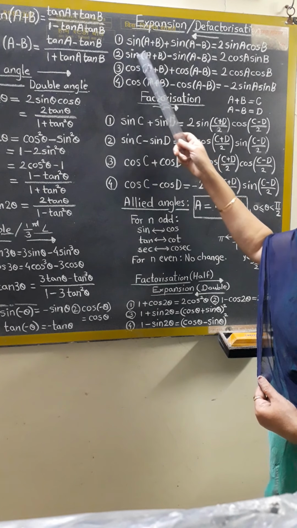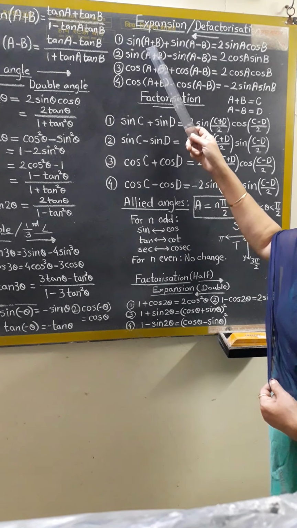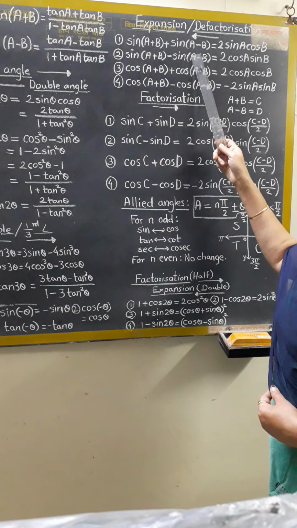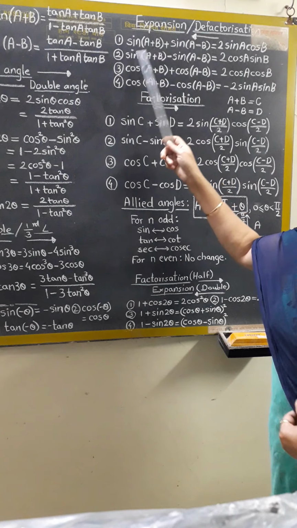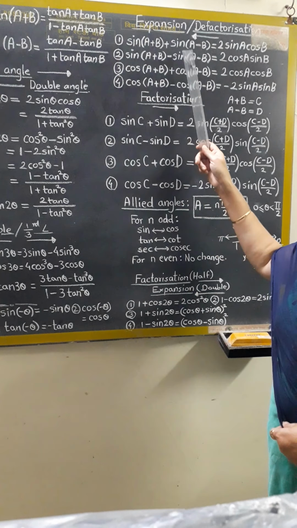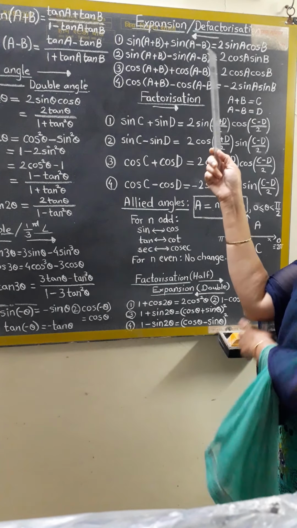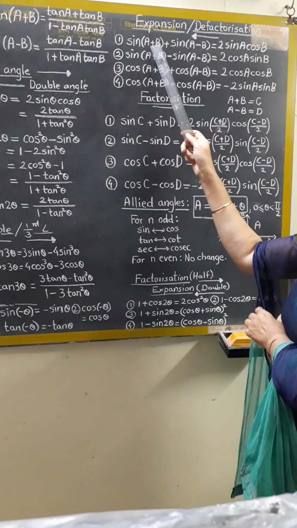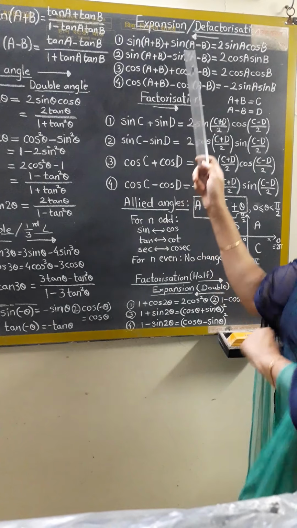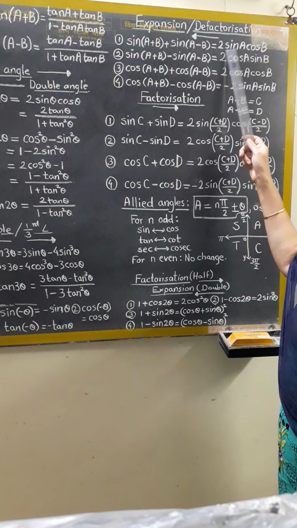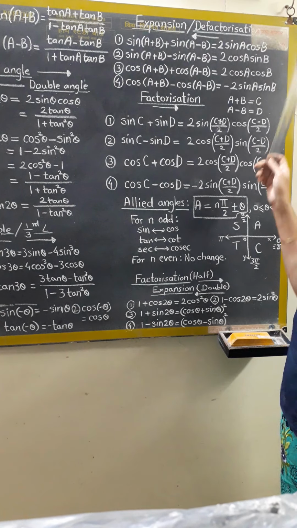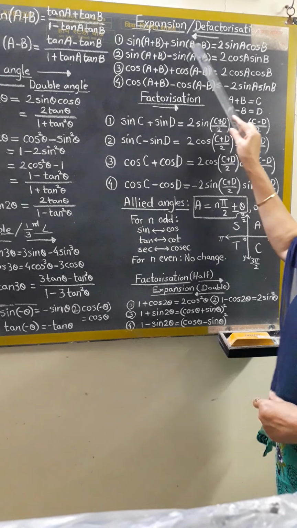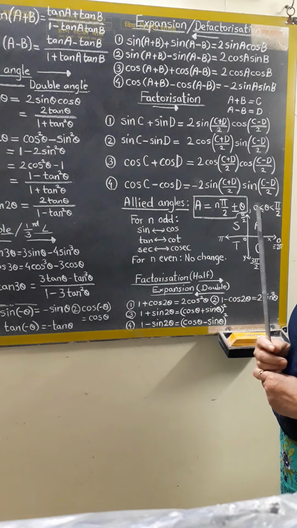Now since this is the first compound angle formula and this is the second compound angle formula, you can add the right side of the first compound angle formula and the right side of the second compound angle formula, and we get 2 times sin A cos B, which is the first term of both the compound angle formulae.